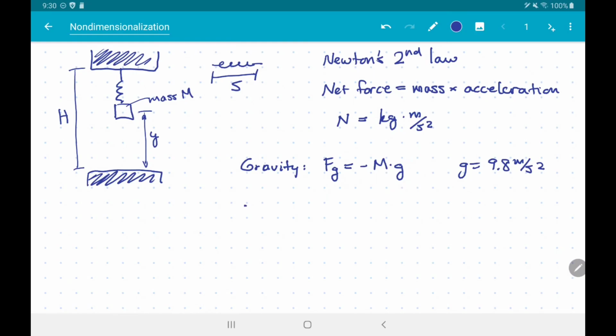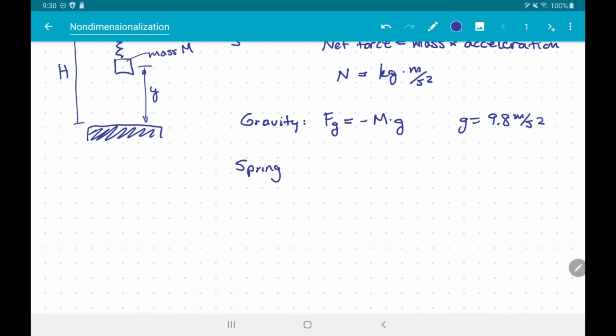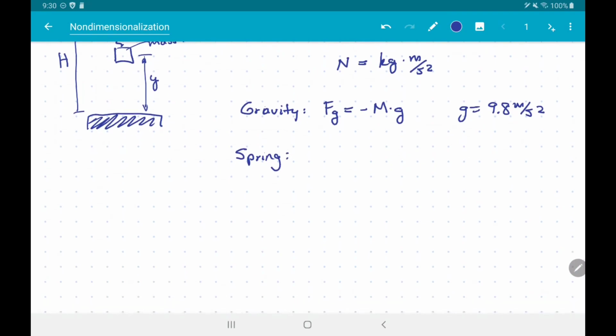The next force that we have to deal with is the spring force. And the spring force is a little bit trickier to explain, because here's the situation. If the spring is stretched past its preferred length, then it exerts an upward force that's proportional by a constant of proportionality, k. Let me use a capital K for that, times the stretch, the difference in the length.